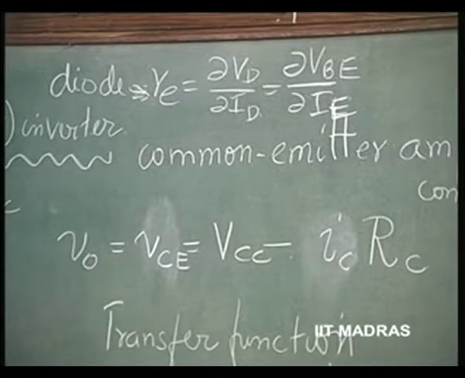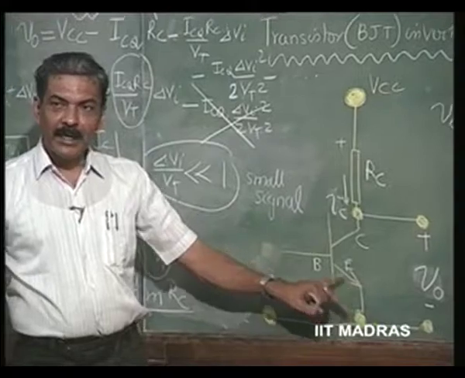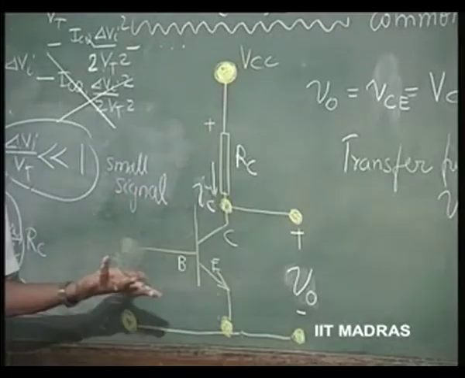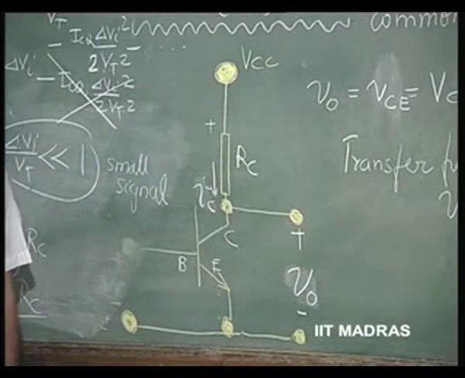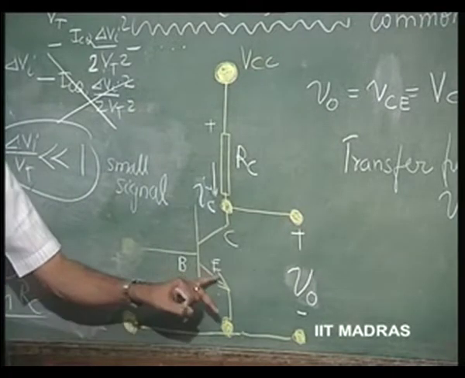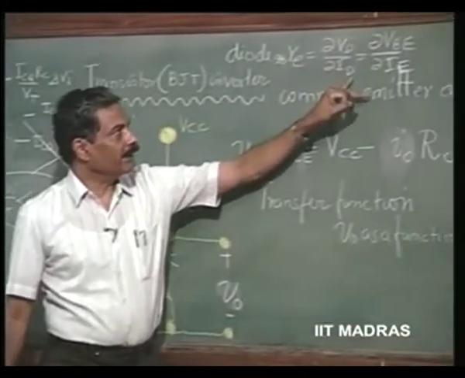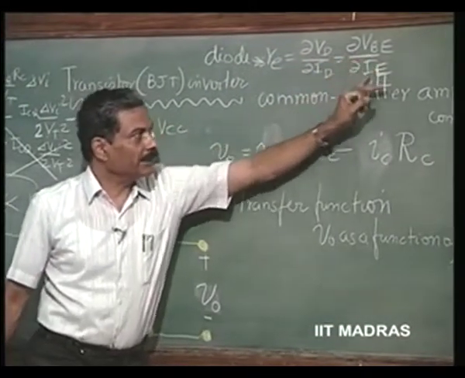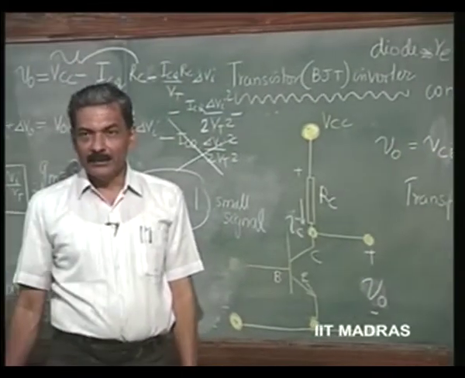So, since the input characteristic between emitter current and emitter base voltage is that of a diode, this re is the diode resistance occurring in the emitter equivalent resistance, that is delta V diode by delta I diode, which is the same as delta VBE by delta IE, which is defined as Vt by IE.